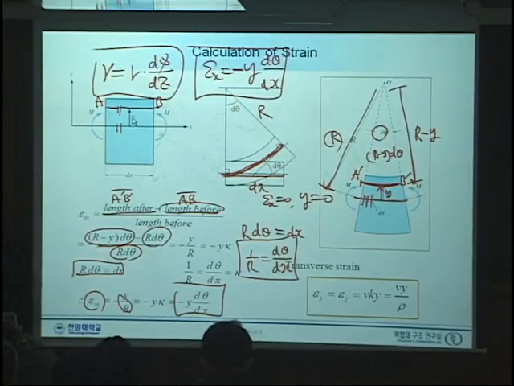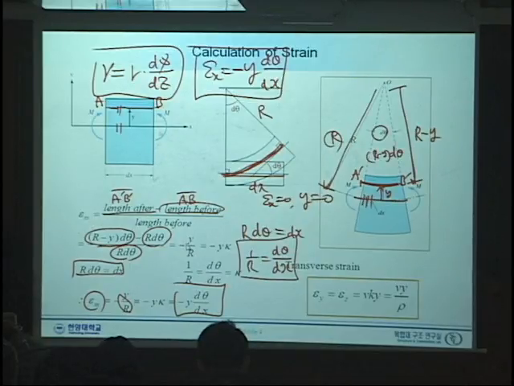So strain at y is defined as minus y over r, where r is the curvature radius, which we do not know yet, and y is the vertical axis.